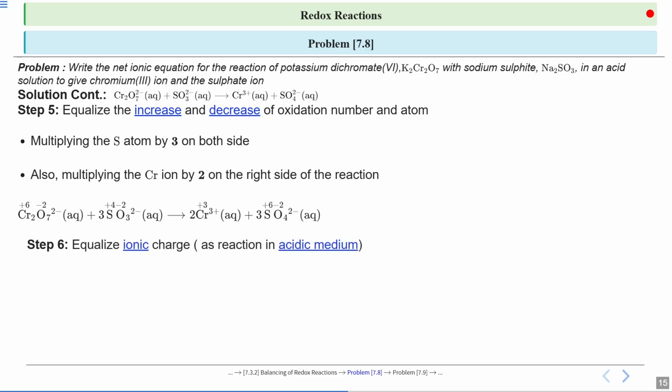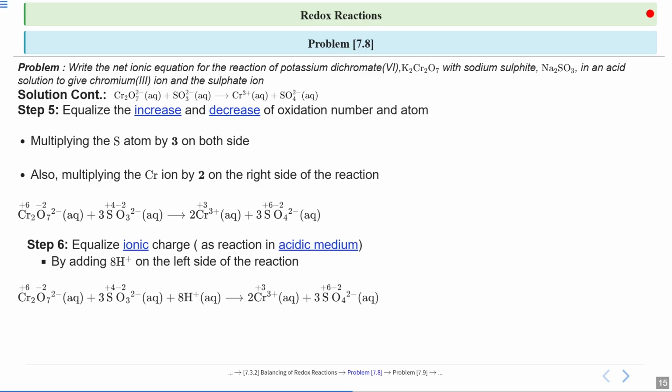Now we will find that the atoms are balanced, but still we have to make the ionic charge equal. As mentioned, the reaction has taken place in the acidic medium. So we will equalize the ionic charge as the reaction has taken place in acidic medium. To equalize it, we will be adding the H+ ions at the reactant side. These H+ ions would be 8.